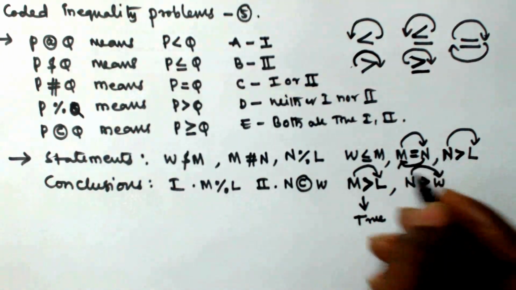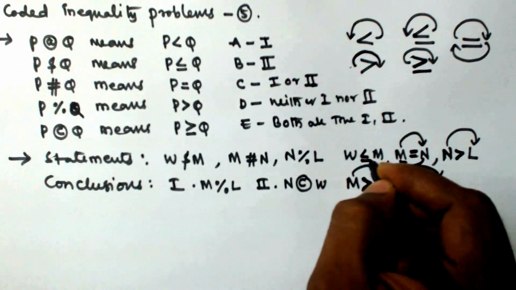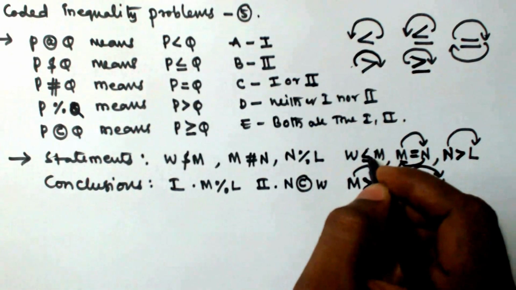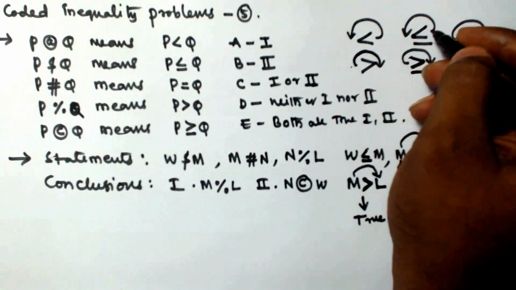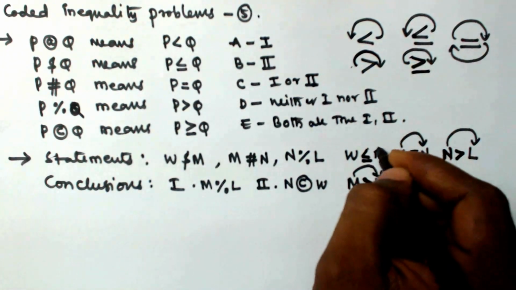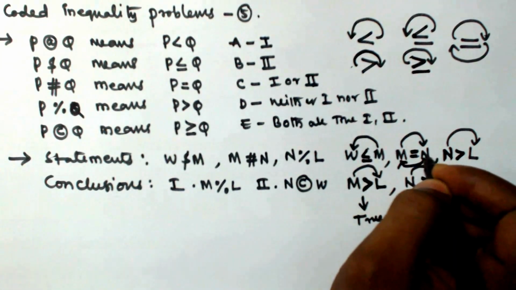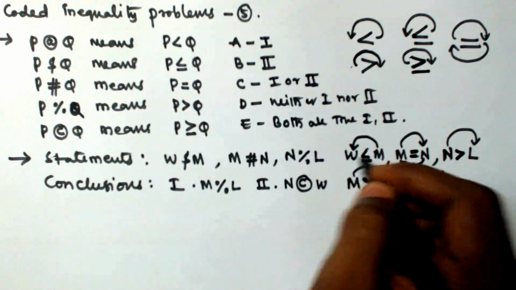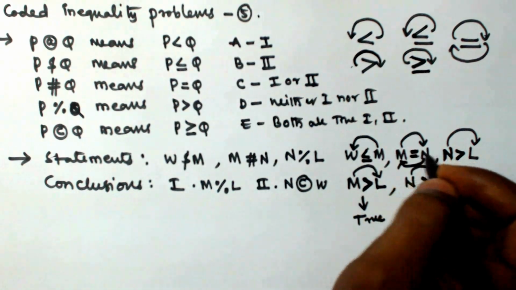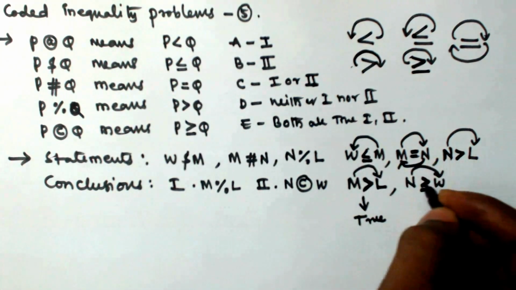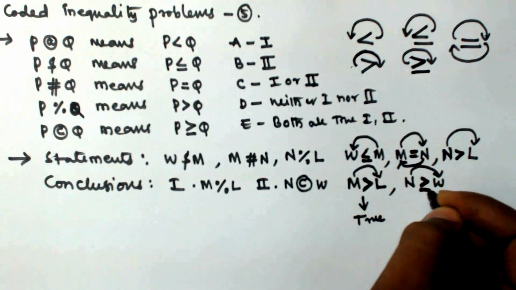So M I reached. From M, M is at the open end of the less than or equal to. So with less than or equal to, I can make a move from here to here. So that's why I can make a movement from M to W. That means I reached from N to W. The movements are available in the given set of statements from N to W. And it is greater than or equal to.